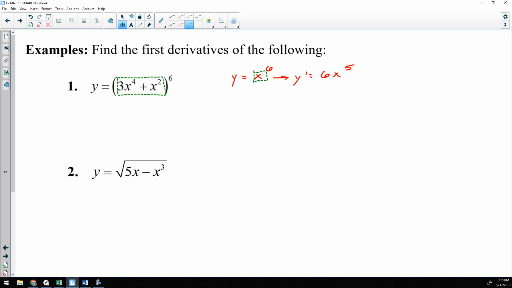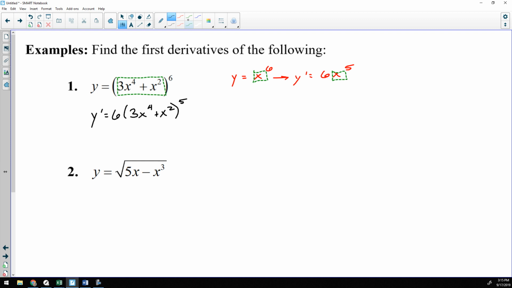We're just going to ignore the fact that in the place of an x, we have a different polynomial or a different function. So for my derivative, number one, we're ignoring the inside. We're going to bring the 6 down, leave the inside alone. We don't touch that inside function on the first pass. And now it's to the fifth power.